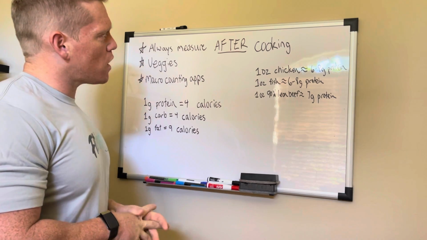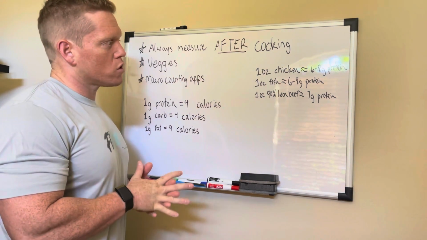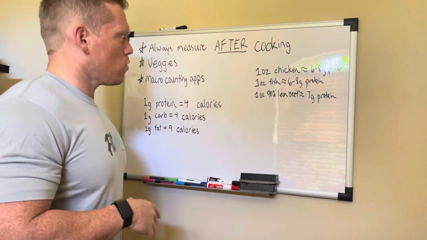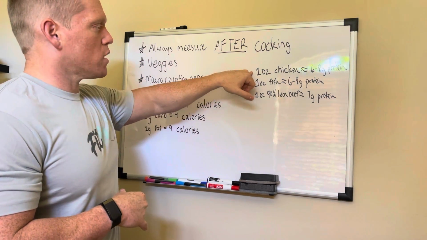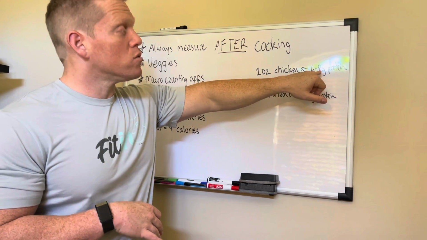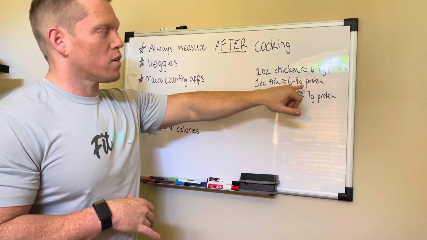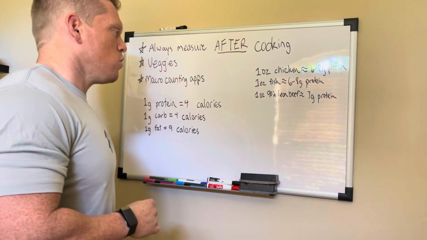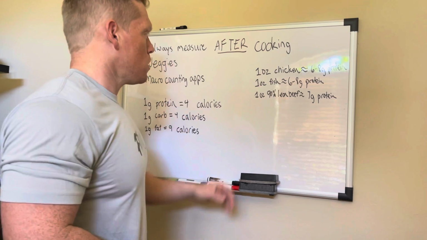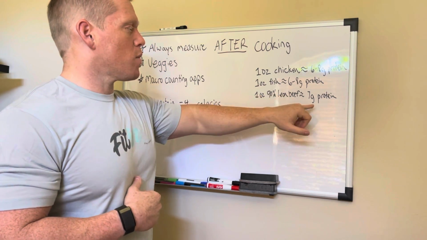The other thing that I want to clear up is there seems to be some confusion on how much protein is what. So for example, 1 ounce of chicken is going to yield you usually 6 to 8 grams of protein. For fish, it's about the same, 6 to 8 grams, depending on the fish. Usually all the white fish is 6 to 8 grams of protein per ounce. 1 ounce of 90% lean beef is going to be about 7 grams.